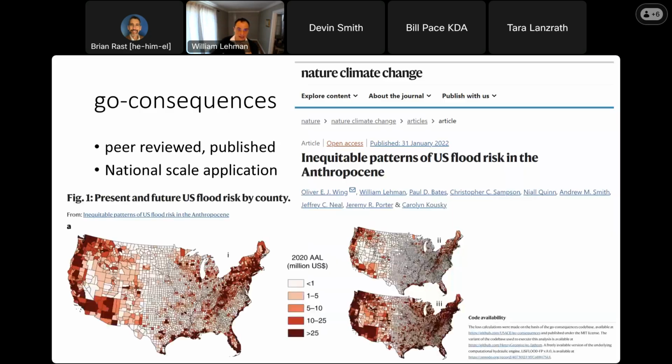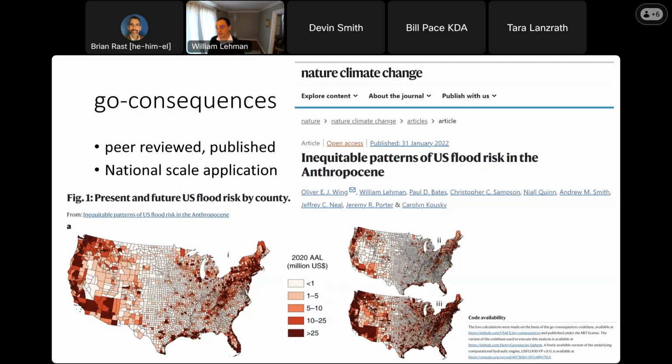It has been used, it's been peer reviewed. So it's not just some random off the shelf thing or random thing from a dark corner of the interwebs. It's a tool that's been used in an article that was published in Nature Climate Change to conduct the national scale expected annual damage data set.